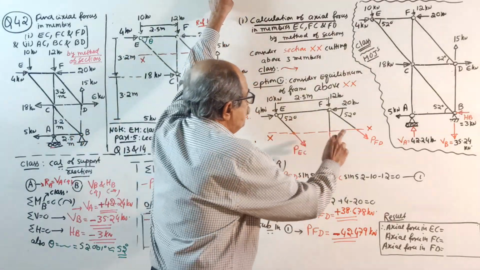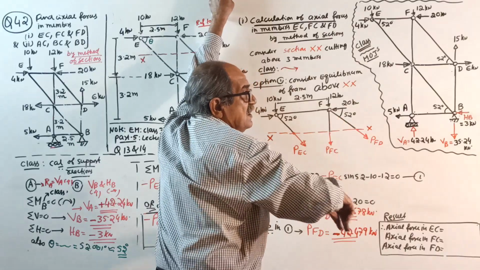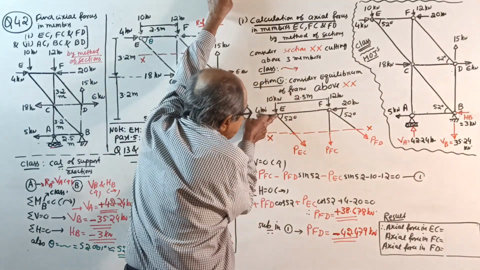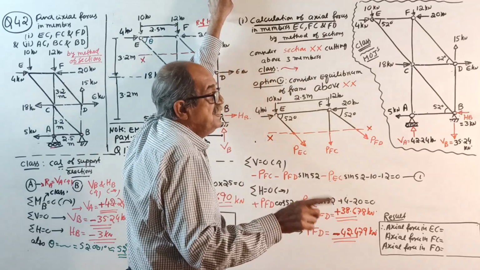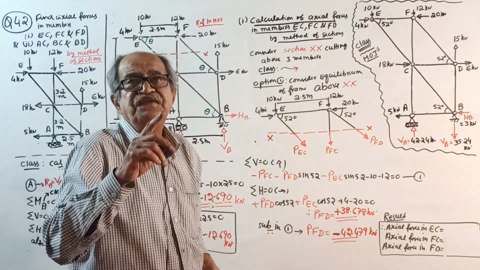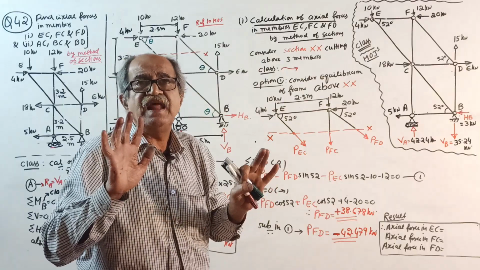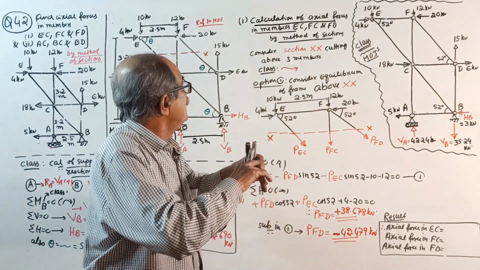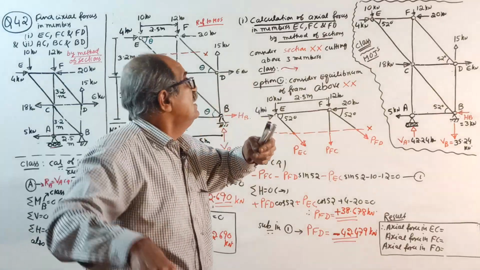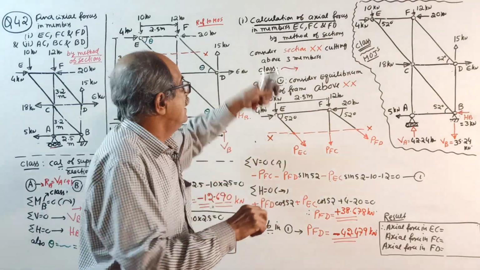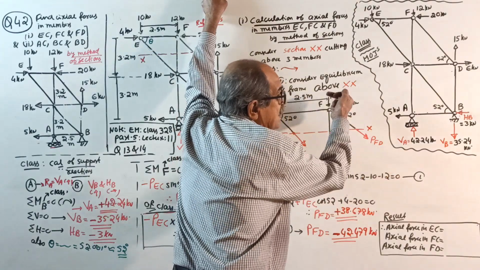But if you consider outgoing, away from the joint, then when you consider it as an axial force, any force acting outward is tension. Any force acting inward is compression.